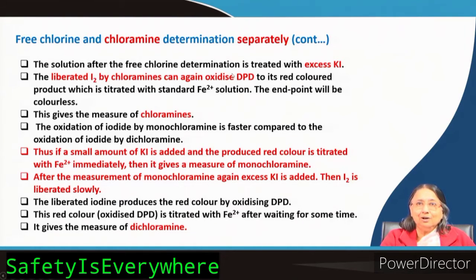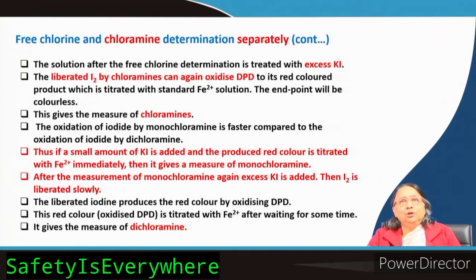Chloramine will not oxidize it directly; the liberated iodine will oxidize the DPD to the red colored product. Same reaction, but it is done by iodine. And how is iodine produced? Iodine is produced from chloramines after reaction with KI. So, red color is produced, then again you titrate with Mohr salt, and the end point will be colorless, the same way as the previous one. So, it will give the measure of chloramines.